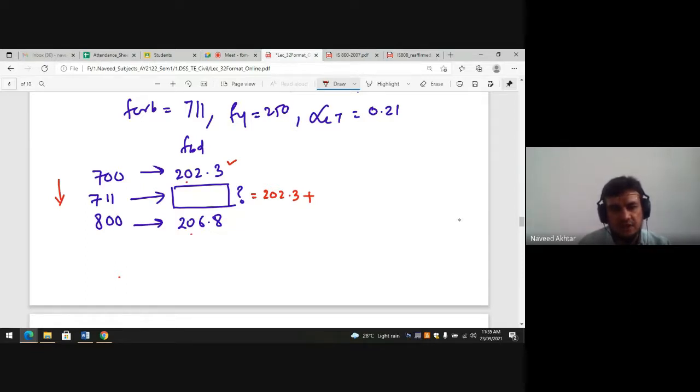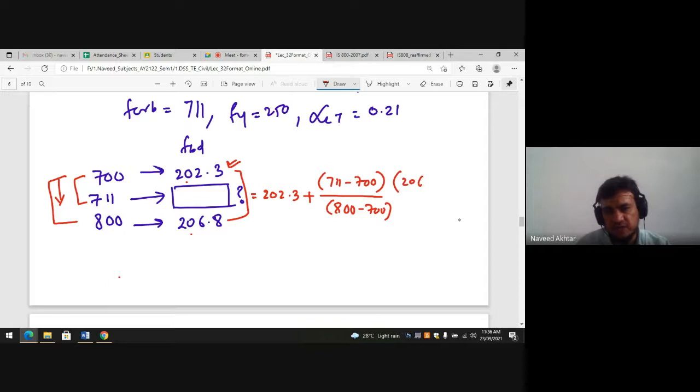So the increasing value is there, therefore here plus. Now I will write 711 minus 700 because I have taken this value as the base. That is the relation between 700 and 711 divided by the extreme value, 800 minus 700, and the extreme value 206.8 minus 202.3.